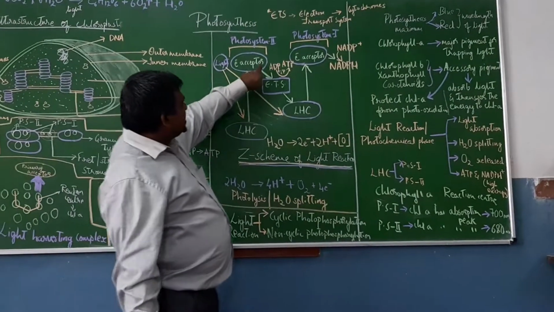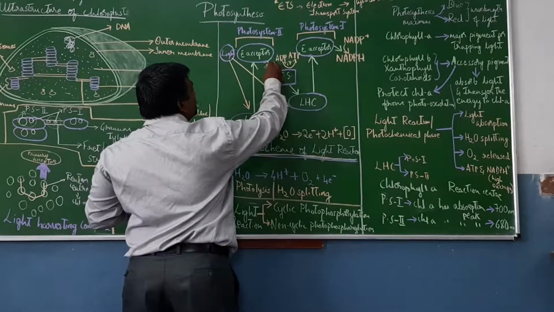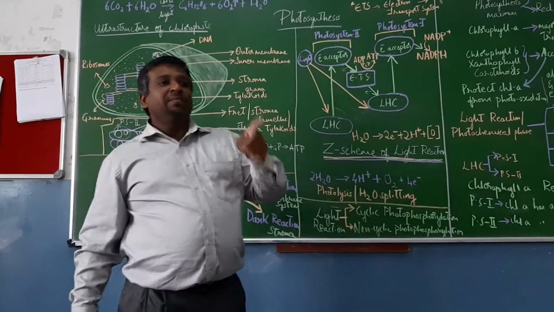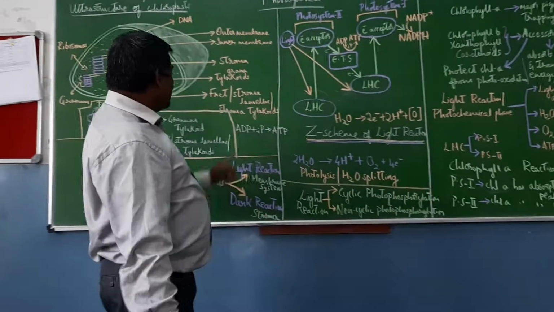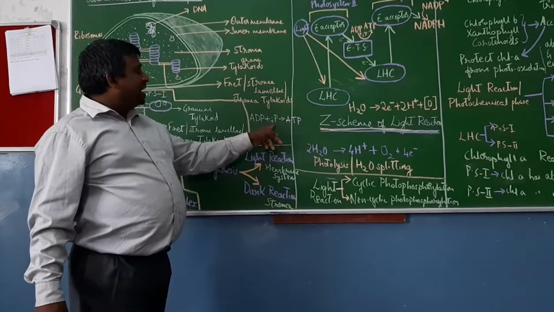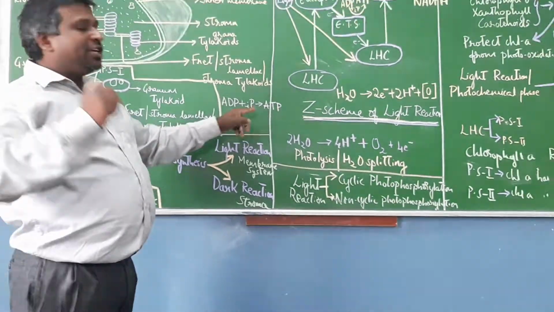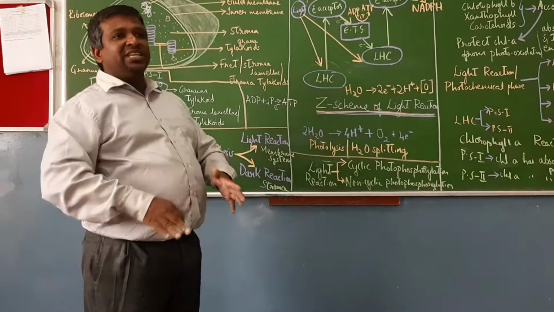During this transfer of electrons in the electron transport system, there is a synthesis of ATP. How is the ATP synthesized? ADP plus inorganic phosphate needs a high amount of energy for this bond formation. Where is that energy obtained from? From the excited electrons carrying a high amount of energy.